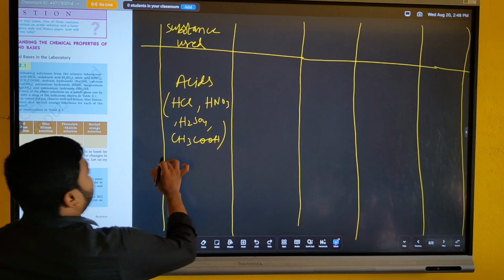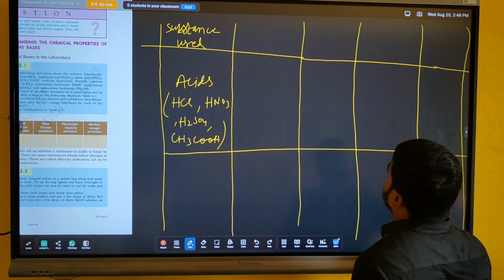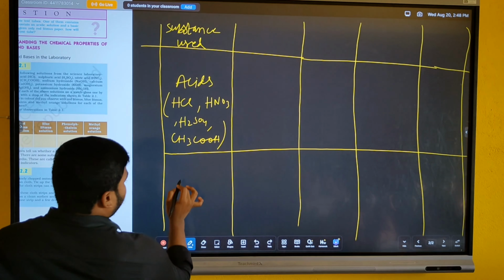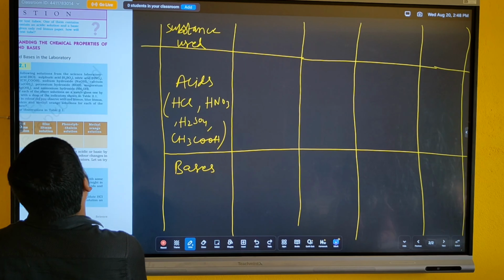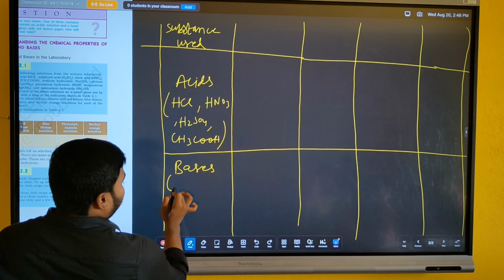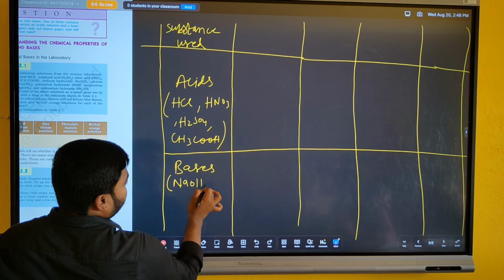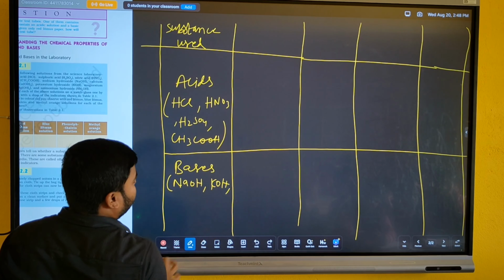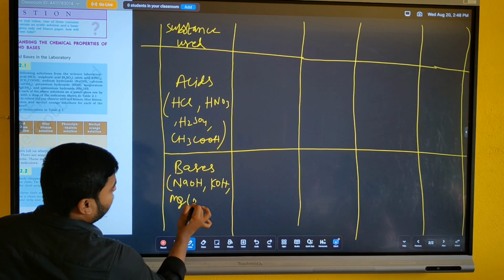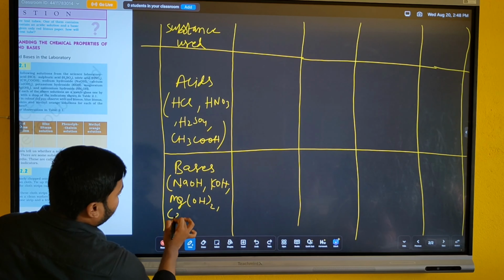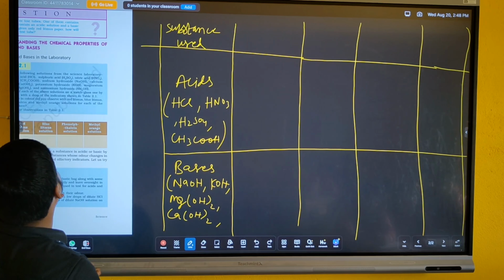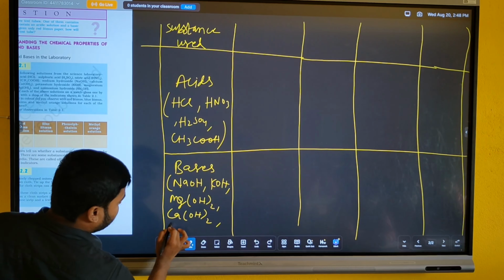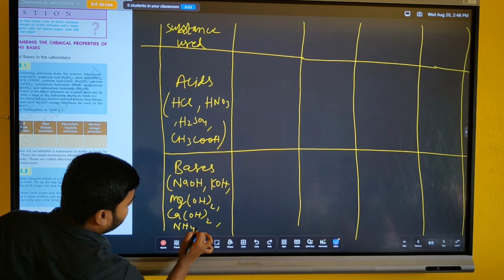So that's why we have to make another column, one for acid and another for bases. So what all bases we are using, that also we will write down. First one NaOH, KOH, Mg(OH)2, Ca(OH)2, and one more, NH4OH, ammonium hydroxide.